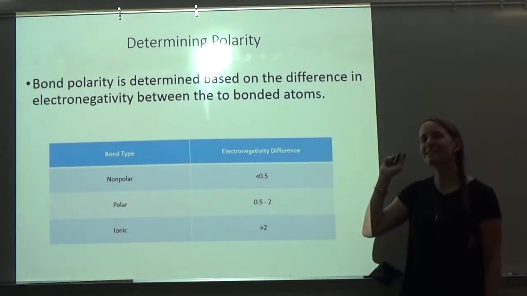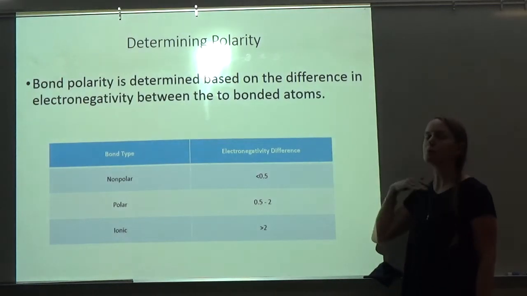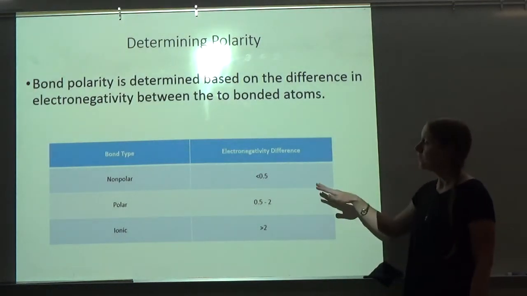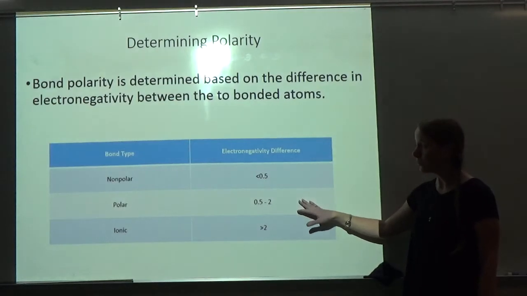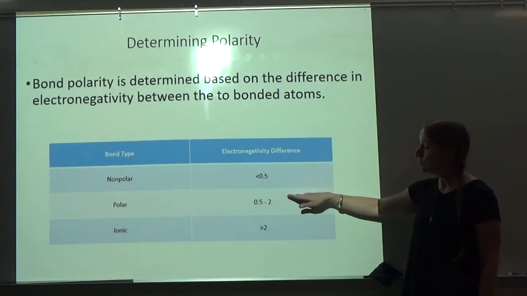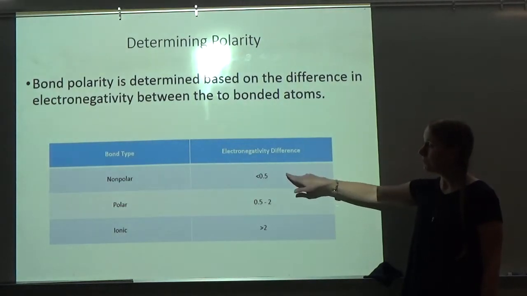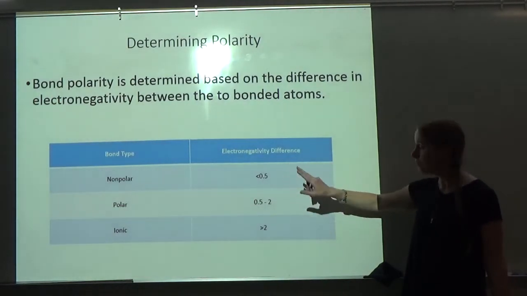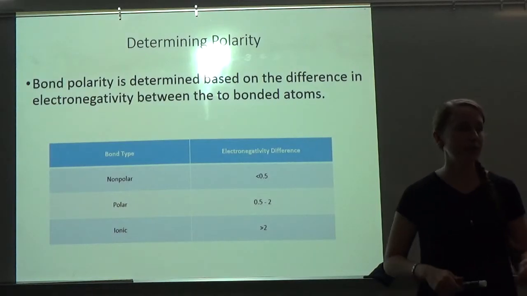Of course, it's still slightly polar, but for the most part, it's considered nonpolar. 0.5 to 2 is polar, and greater than 2 is ionic.